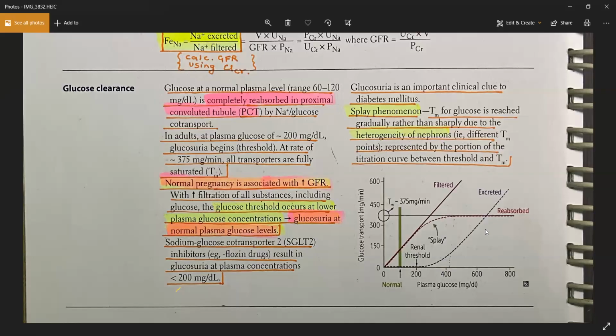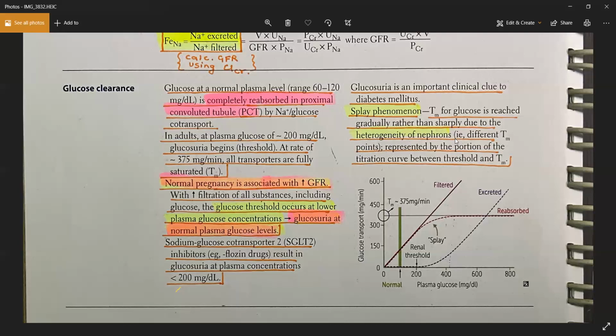Because of the presence of different saturation limits of different transporters, you will have this kind of curve, and this is not just a play phenomenon, it is because of the heterogeneity of the nephrons for the reabsorption of the glucose.